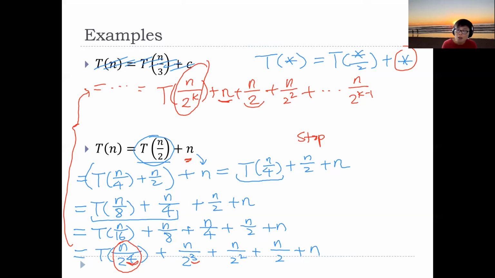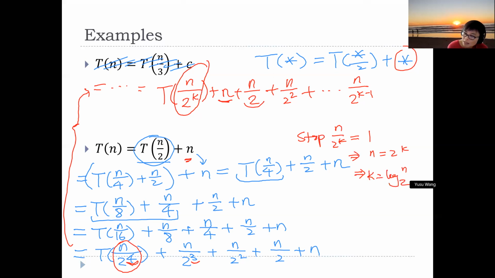You stop when what's inside the parentheses for T becomes constant, because then you don't have to recursively expand it anymore. Now you know how to solve it, because T of 1 is constant. So you stop when n over 2 to the k becomes a specific constant, say 1. That means n equals 2 to the k, which means k equals log n base 2.